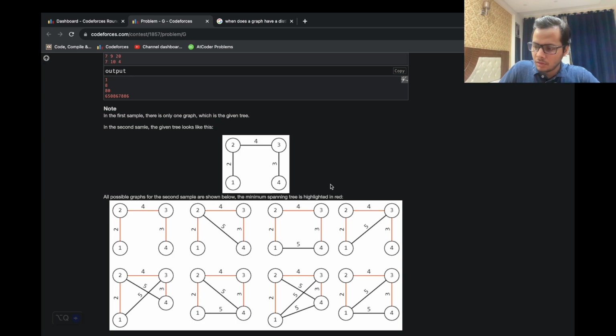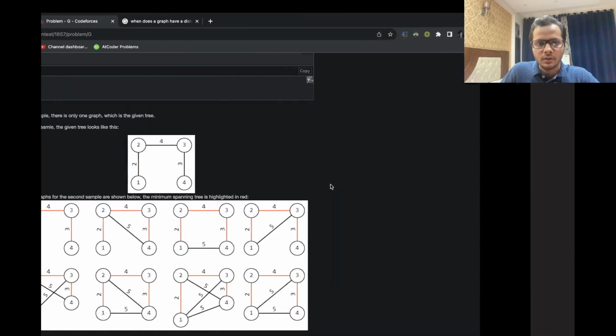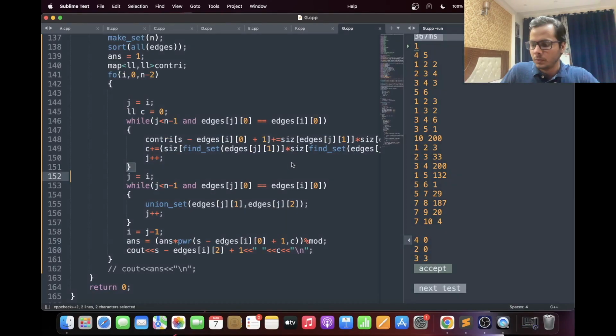Between 1 and 4 we can either add an edge of length 5 or no edge, right? Between 2 and 3 we have no choice. Between 2 and 4 we can either add an edge of length 5 or leave it as it is. So that's why we have 2 raised to the power 3. Okay. So instead of 3 we should have 2.